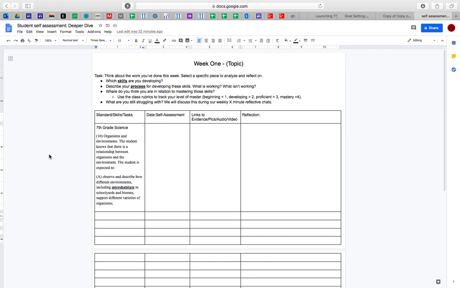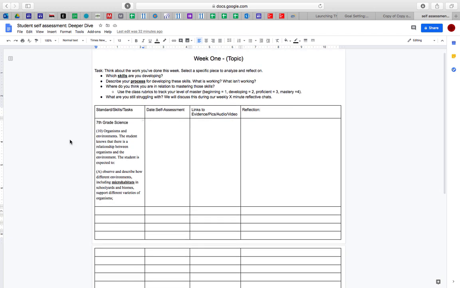And finally, the last one, this is going to be done on a week-to-week basis. This particular template asks you to scaffold some of your questions and processes. On the left, you're going to be looking at a skill or a standard. So you can throw in a TEK here or a particular study habit.